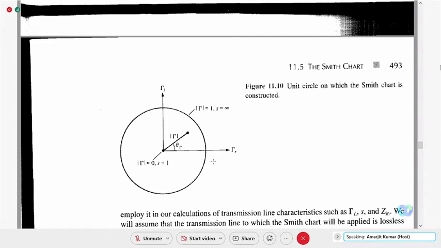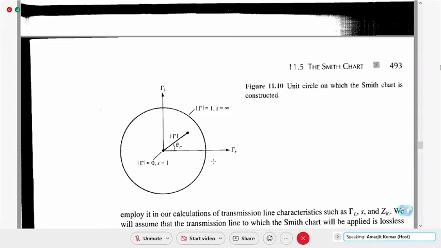And when the mode of gamma is equal to 0, then what will happen? Mode of gamma is equal to 0, what does that mean? That means the transmission line is matched. Mode of gamma equal to 0 means a matched transmission line, there is no reflection. So ZL is equal to Z0.